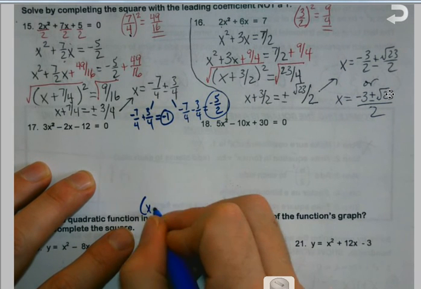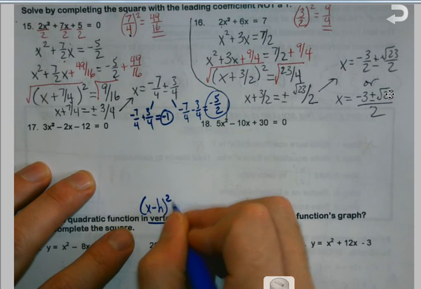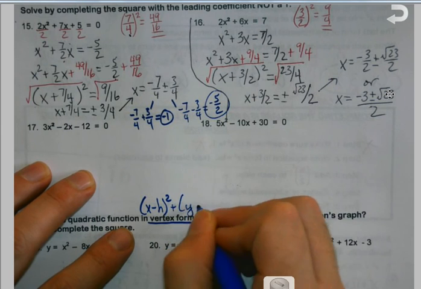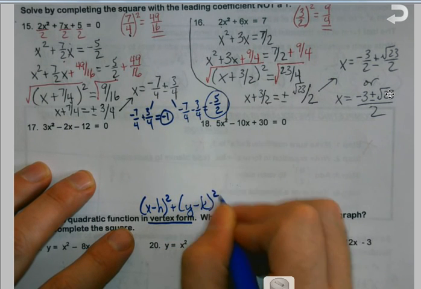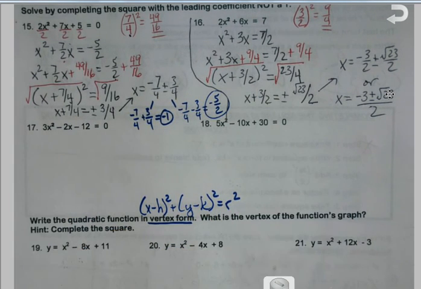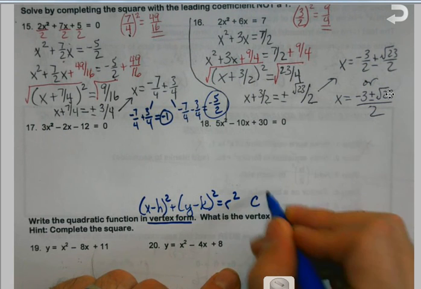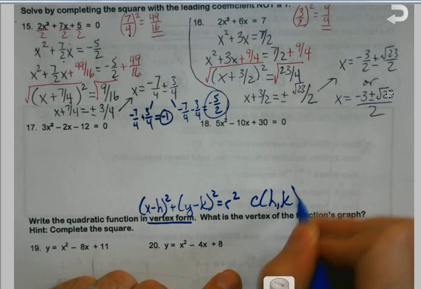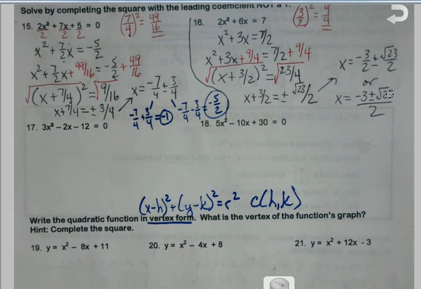And those are the ones, of course, where we can pull the vertex straight from the equation, because my center is just going to be at HK. So we're still going to complete the square for these, but it's going to look a little bit different in form than when we did it before.